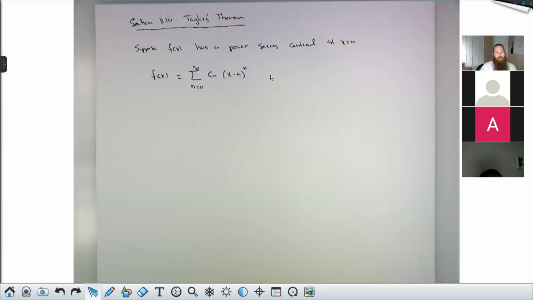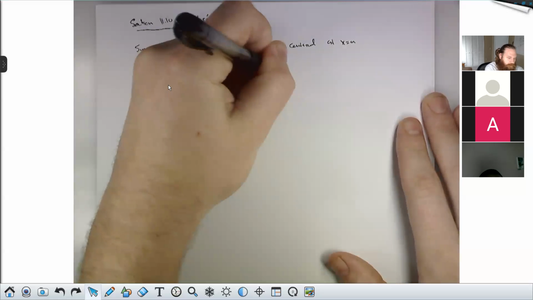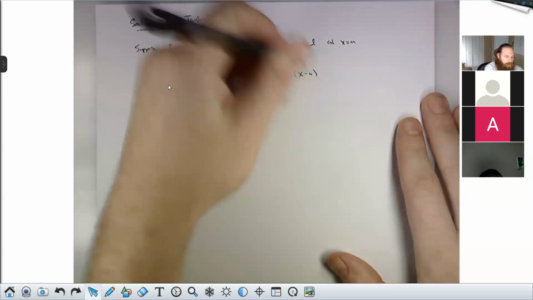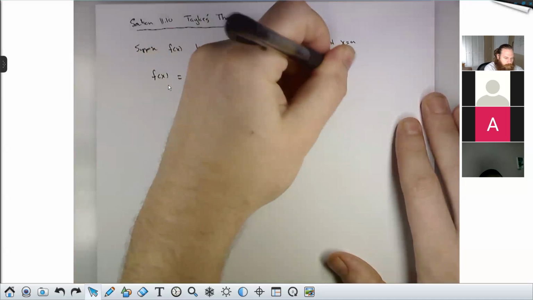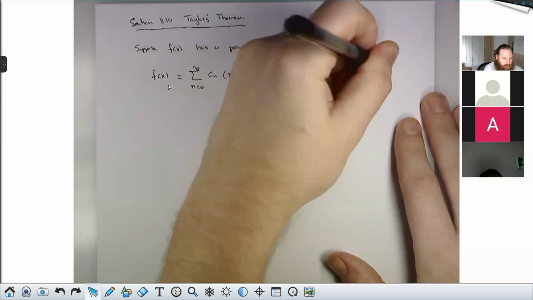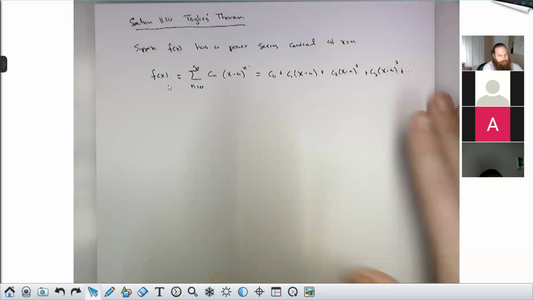What we're about to do is discover a formula for the Cns, and then that formula will work for any function f of x. The first few terms of this series are C0, and then C1 times x minus a, and then C2 times x minus a squared, and then C3 times x minus a cubed, and so on.